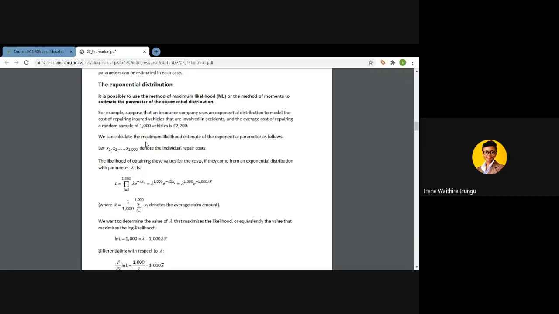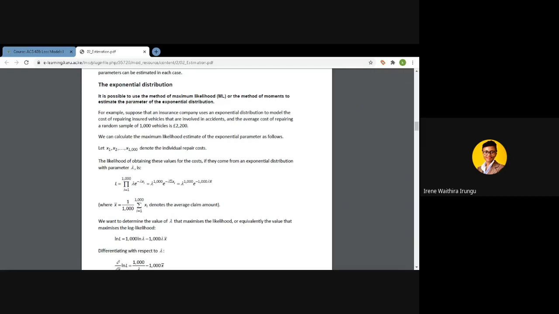Our task is to utilize the maximum likelihood estimation method to determine the parameter of the exponential random variable. Assume our exponential distribution has the parameter lambda. From this information, this is my n, my sample size, and this is my mean, which is my x bar, or the first moment. What is now my value for lambda?